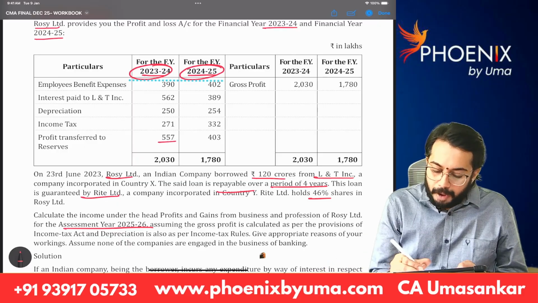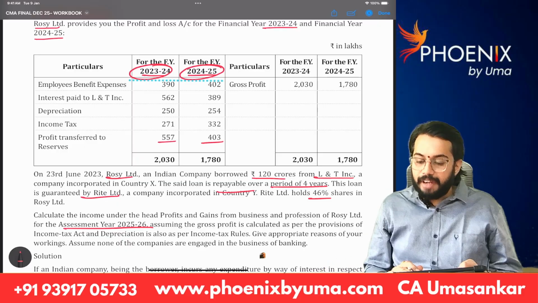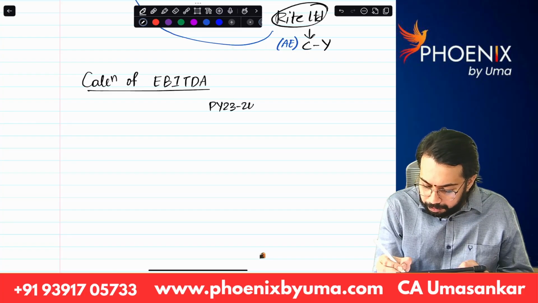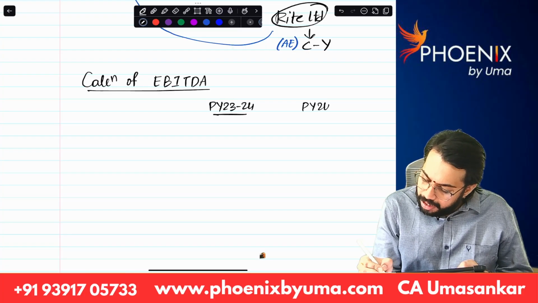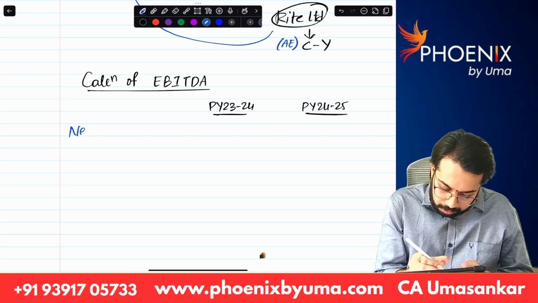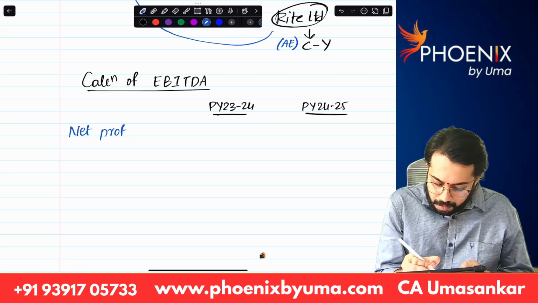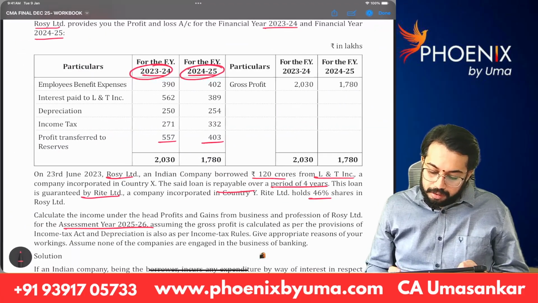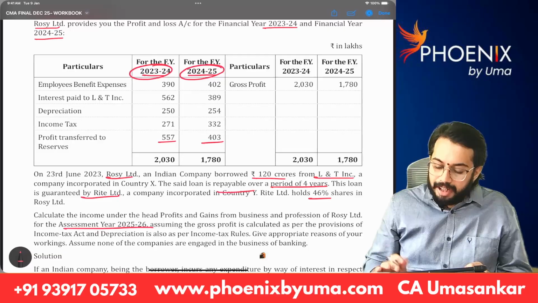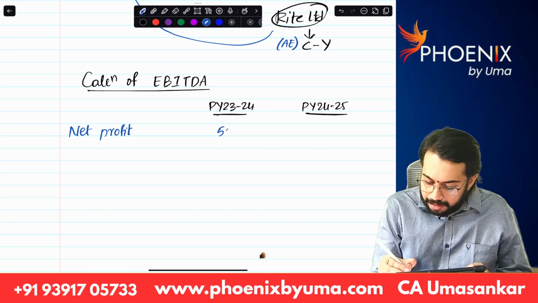How much is net profit for 23-24? 557 lakhs. Correct? For 24-25, 403 lakhs.